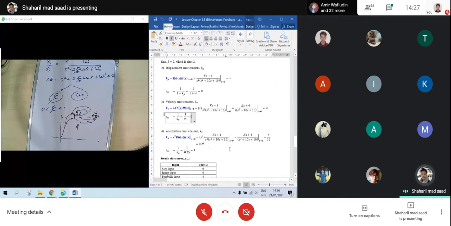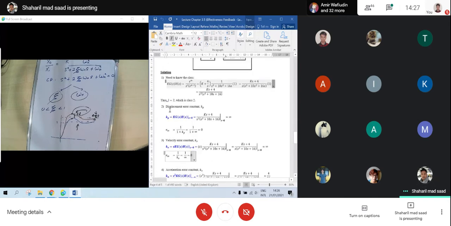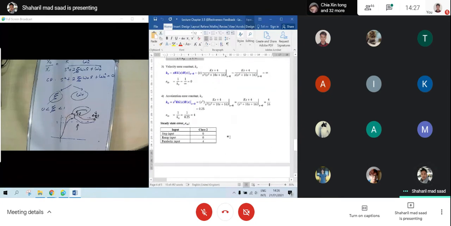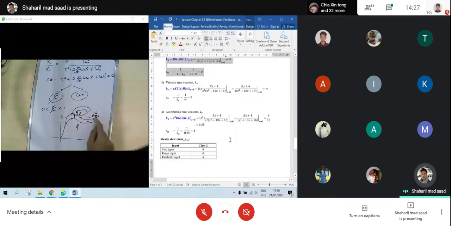Then for the parabolic input, normally the question is about the step input, but from this you need to be able to describe the performance between these two systems, for example. Right, so that's question 2 for your exam.